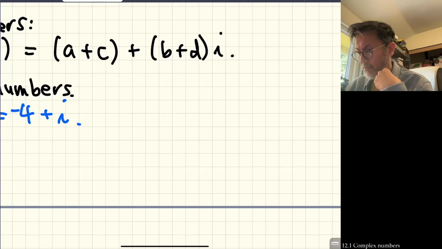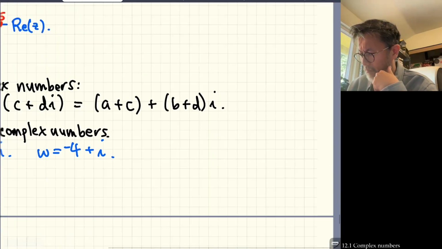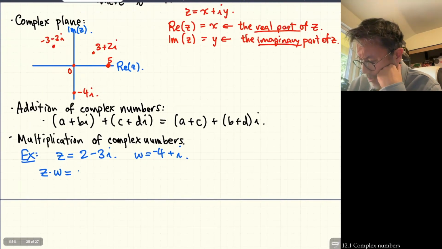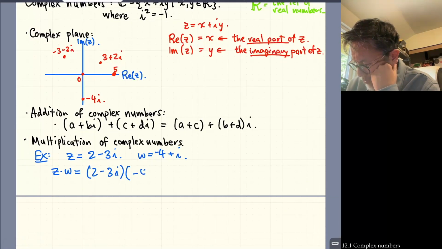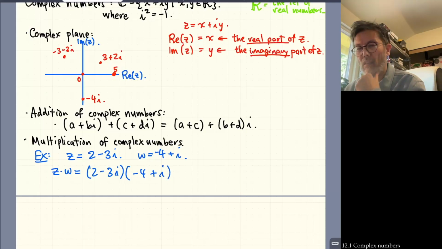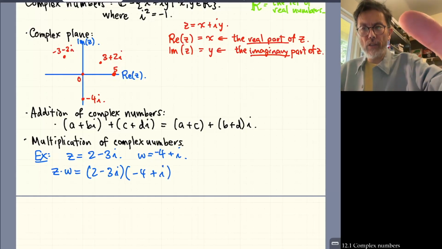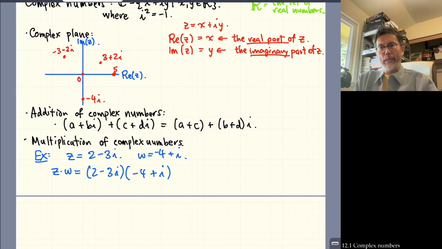Well, we just write them next to each other. 2 minus 3i times negative 4 plus i. Okay. And what we're going to do is use that 4-letter word. You know, when you're multiplying binomial expressions together, there's a 4-letter word.